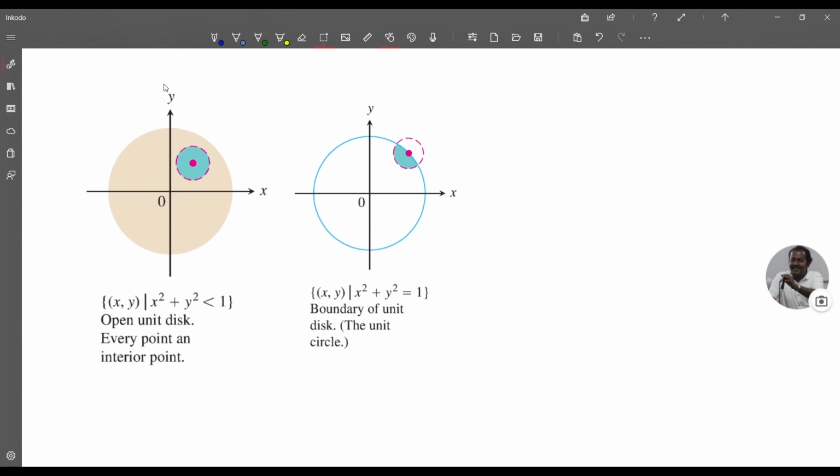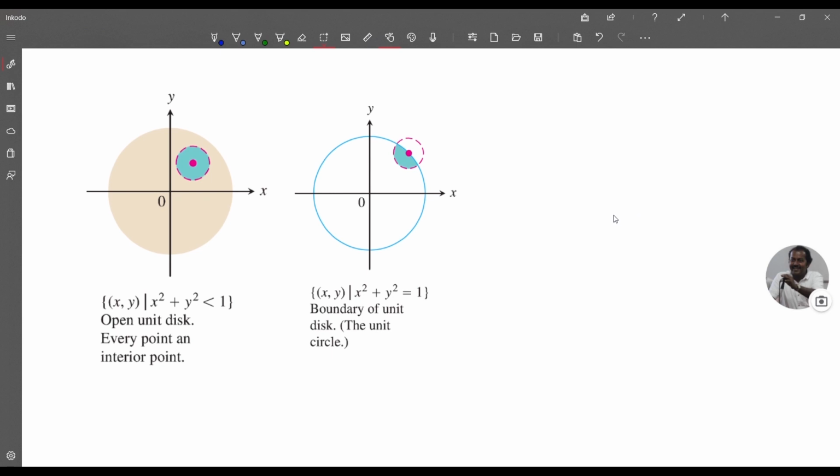Therefore, the set of all (x, y) such that x² + y² = 1 is the boundary of the unit disk. Here, every disk with a center at a point on the boundary contains both exterior points and interior points of the disk. So it is the boundary of the disk x² + y² < 1.